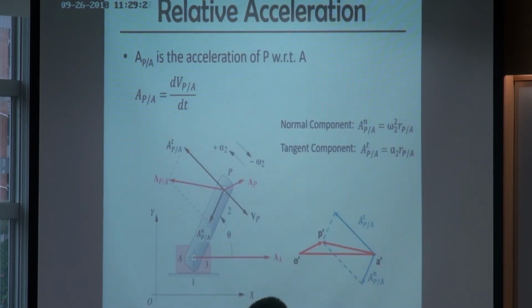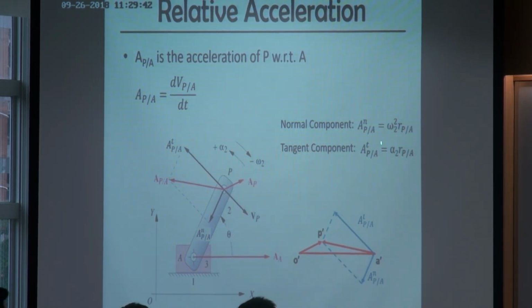Oh, back to this one. By this representation, we can find that even though this is an acceleration term, this one is a centripetal acceleration. But when you see the representation, it's formed by omega. We can obtain omega in velocity analysis.